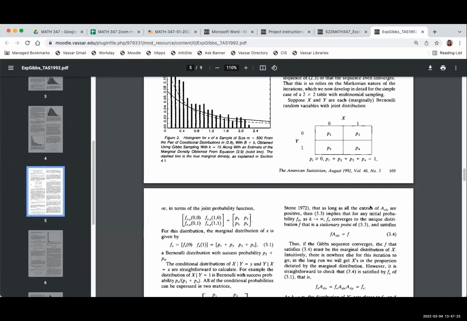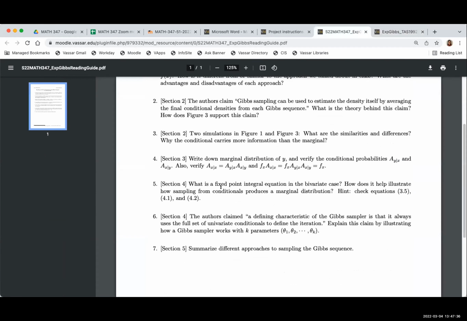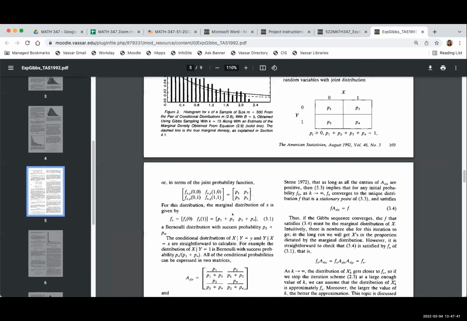The paper already gave us the joint probability density function, and they also give us the marginal of x, okay? And the exercise is asking us to write out the marginal of y, which is of course summing up in the other direction, when you're looking at a 2x2 over here.